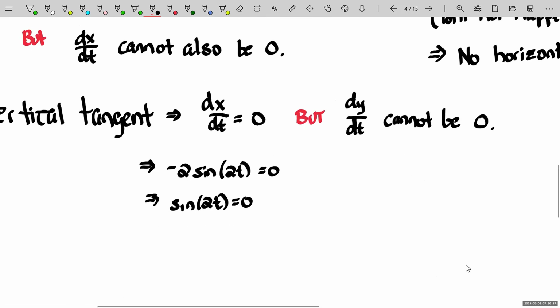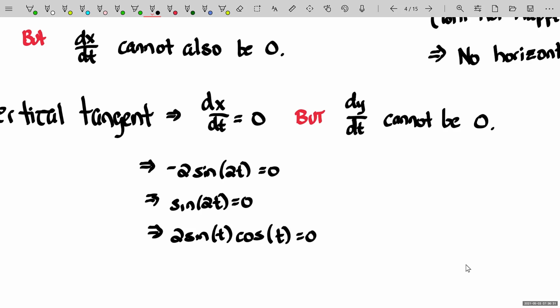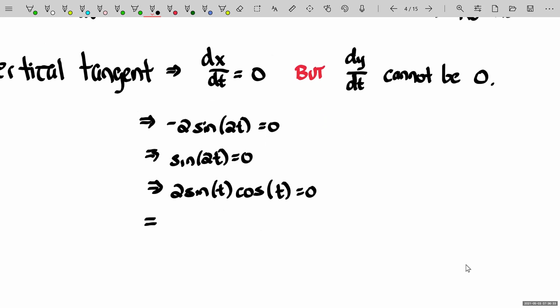So we want 2 sine t cosine t to be 0. You don't have to do it this way. You could have said you want 2t to be an integer multiple of pi. But there's something I want to showcase here. Obviously that implies sine of t is 0 or cosine of t is 0.